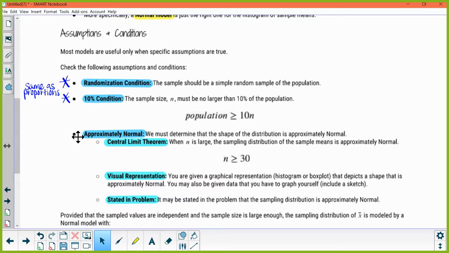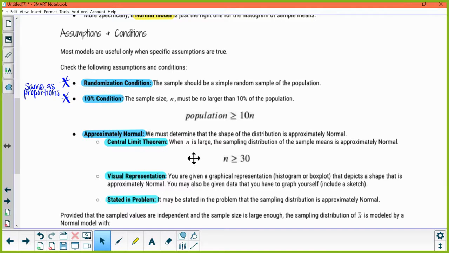The third thing is different. We do want to check if it's approximately normal. However, we do not use the success fail condition for means. Instead, you have some options. Generally, the first thing you are going to check is the central limit theorem. And that just means when my sample size is large, no matter what the original distribution looks like, no matter what the population looks like, it's going to start to look normal.